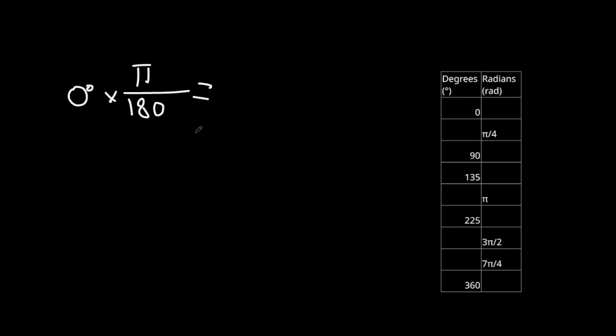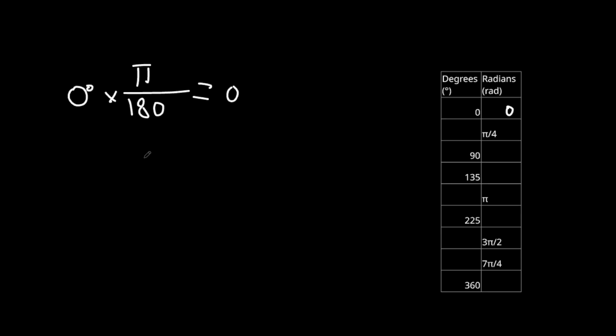You can put this in a calculator, but we know that anything times 0 is 0, so 0 would be the correct answer. So 0 degrees is the same thing as 0 in radians.